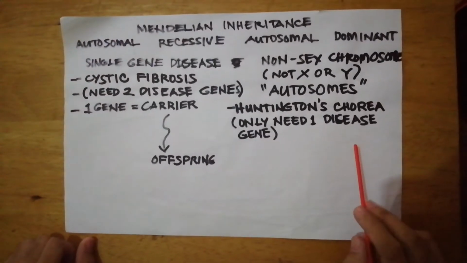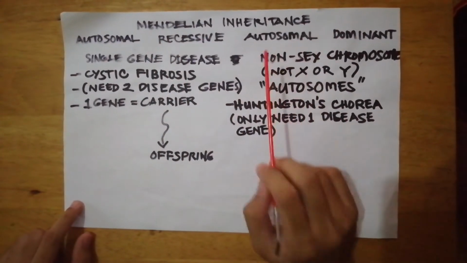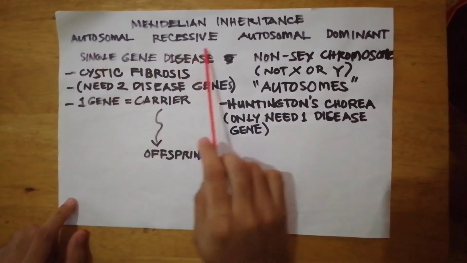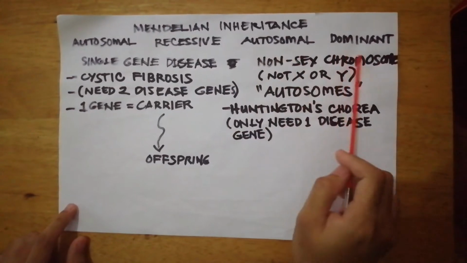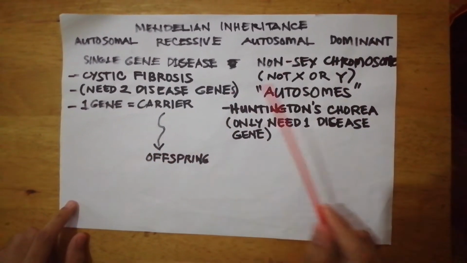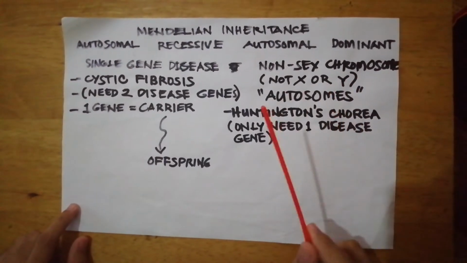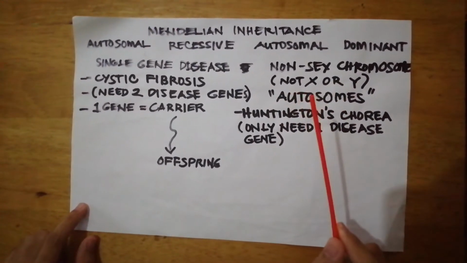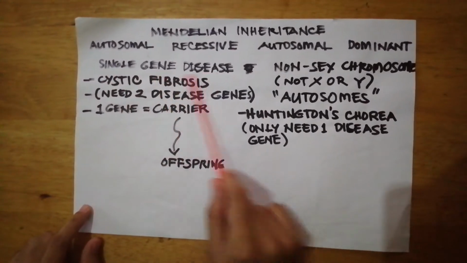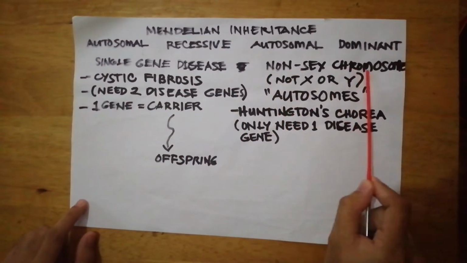Now we go to another topic, Mendelian inheritance, particularly autosomal recessive and autosomal dominant. This kind of disease is caused by a single abnormal gene on a non-sex chromosome.